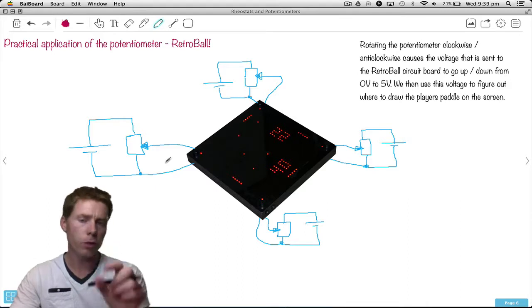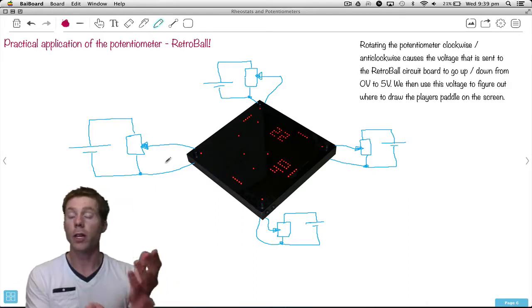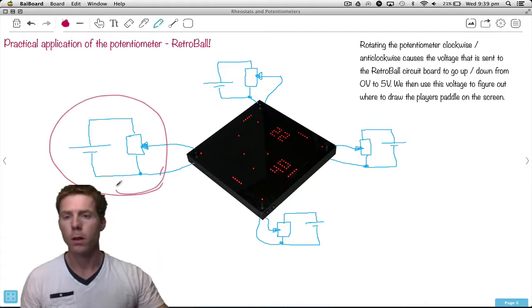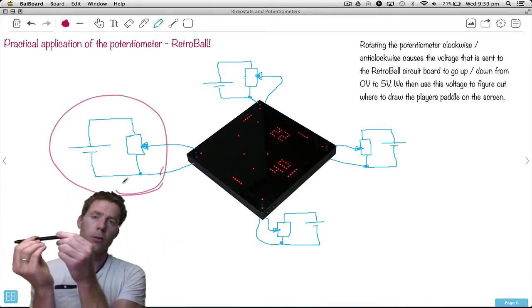But then what the retro ball circuitry does is, it's receiving this voltage, and it goes, okay, well, I'm getting 0 volts in from this player over here. So 0 volts means I need to position this all the way to the extreme left.